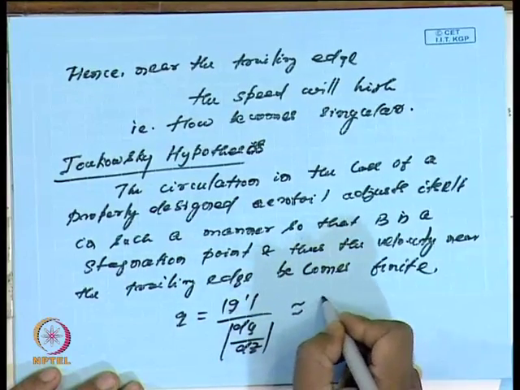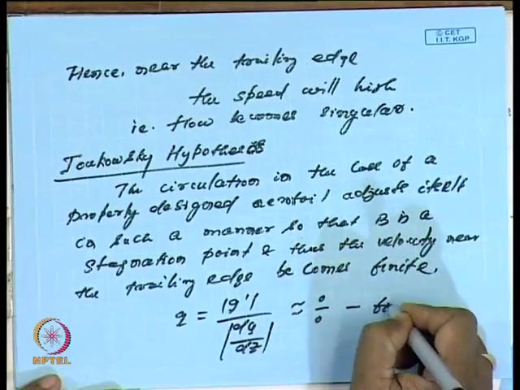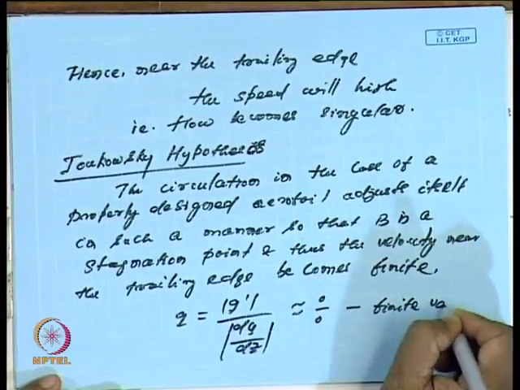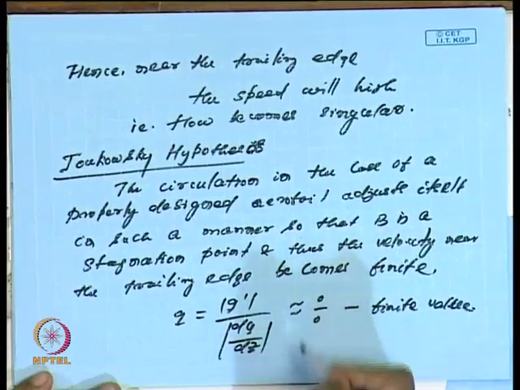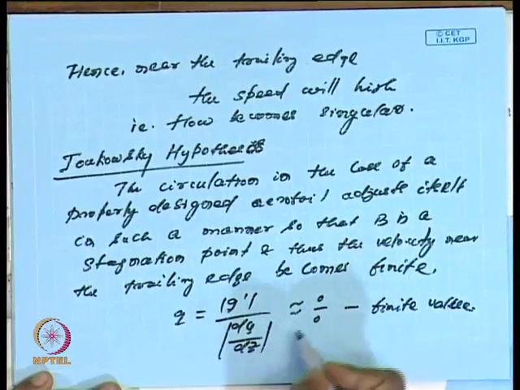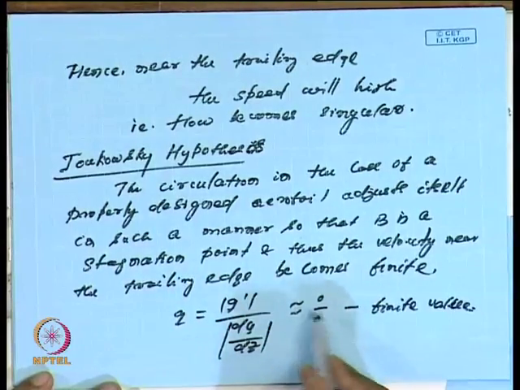So, this has to be of the form 0 by 0, then only it can lead to a finite value. It has to be a finite value if this is a 0 by 0 indeterminate form, and so for that, unless q prime is 0, we cannot achieve this.